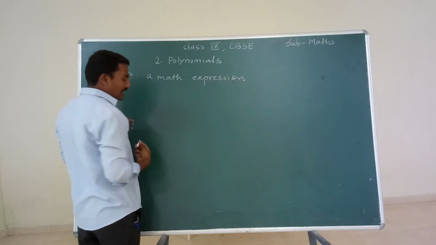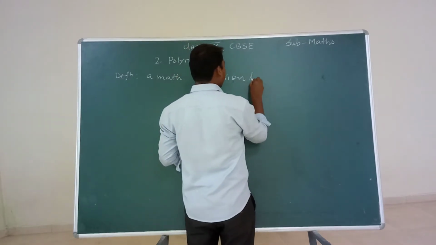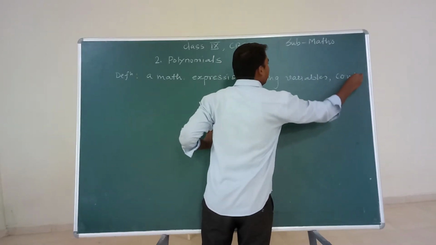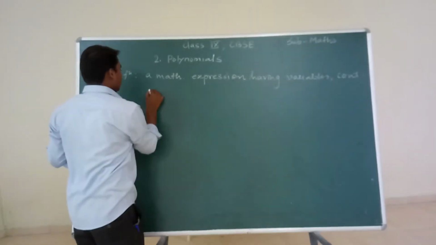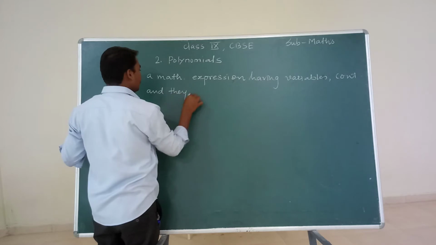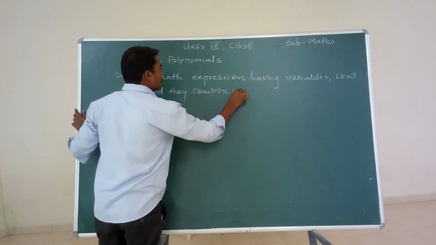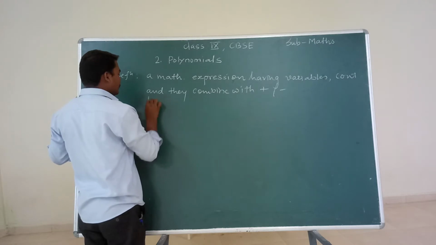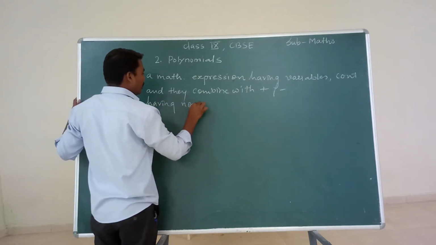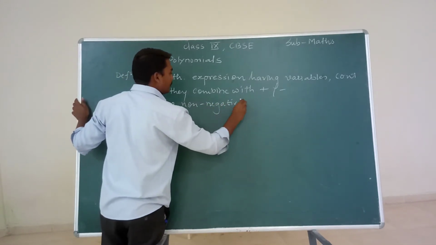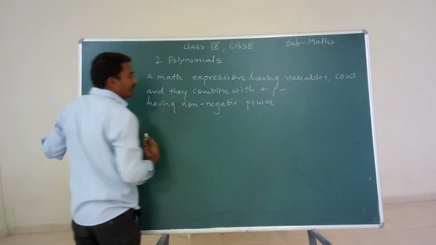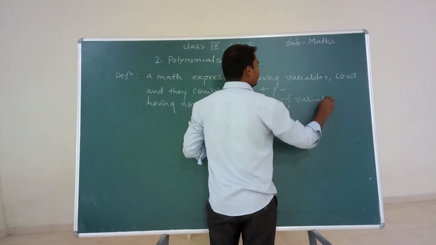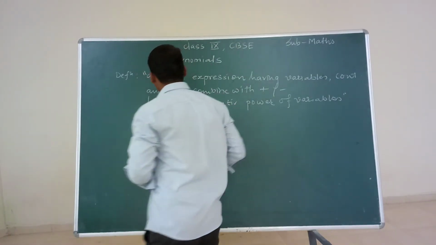Polynomial is nothing but a mathematical expression having variables, constant, and they combine with plus or minus signs and having non-negative power of variables. It is the definition of polynomial.